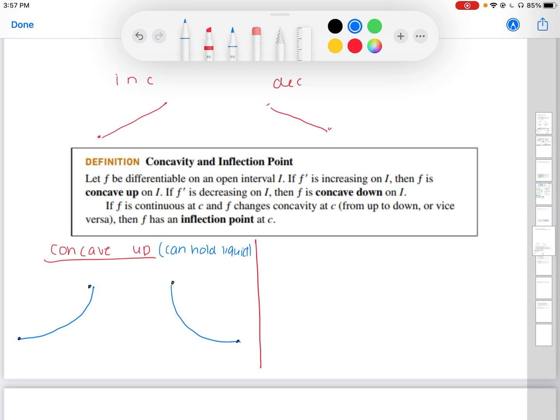Meaning if you were to imagine liquid, it can be held by that concavity up. Concave down would be if I'm decreasing or if I'm increasing, it can't hold up water. So it would go like this and like that.